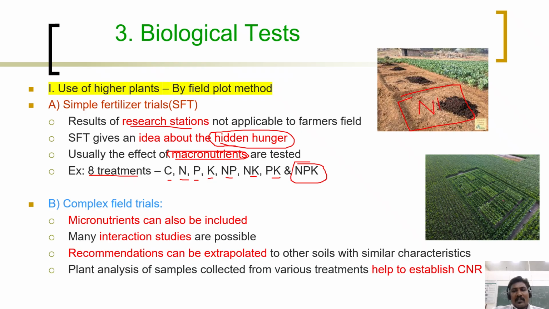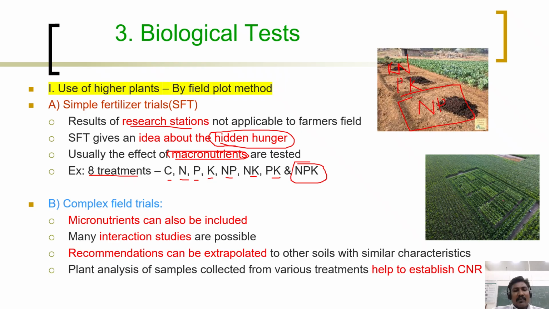For example, this is nitrogen plus phosphorus, this is phosphorus plus potassium, and this is potassium plus nitrogen. Different plots receive different treatments. Using this, which plot gives more yield or more productivity, based on that, how the soil performed will be assessed.